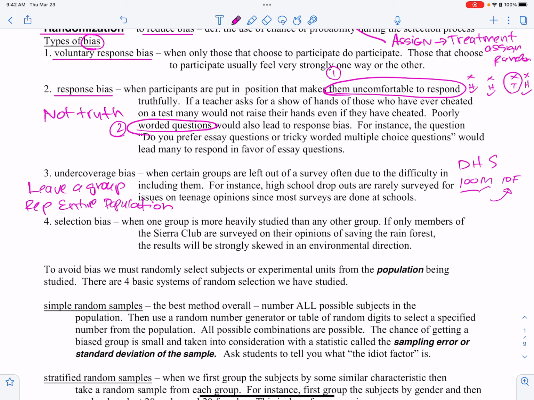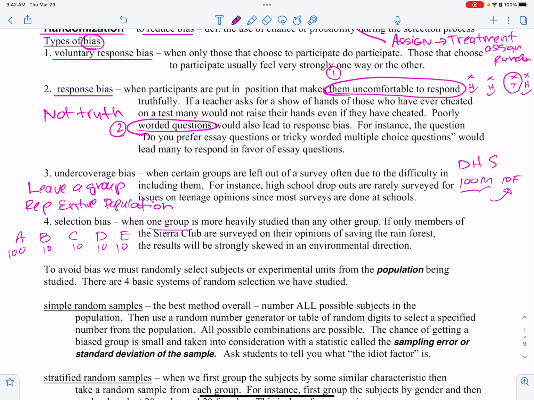Selection bias is the opposite, where now I have an overrepresentation of one. On the example right before, the males are studied more, so that would be selection bias because I have more in one particular group than another. So you could call this example selection bias or undercoverage. But say I did races A, B, C, D, and E, and I had 100 of one and 10 of each of the others.